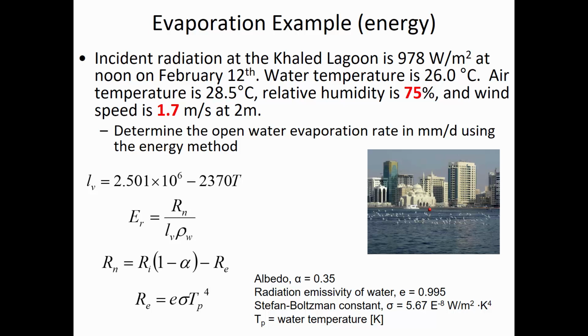So the more accurate way to do it would be to find some data source that says how much radiation is there at 6 a.m., at 7 a.m., at 8 a.m., and do this in 1-hour steps to find the radiation, average that during a 1-hour period, and then calculate, well, what is the evaporation rate during the 1-hour period, and then convert it from an evaporation rate to an evaporation depth by multiplying by the time of that increment, and then do it over time.